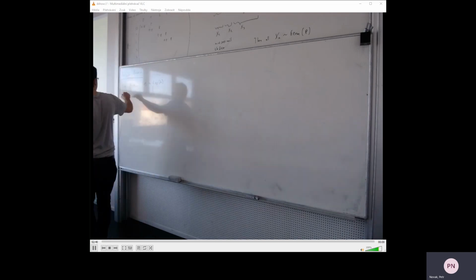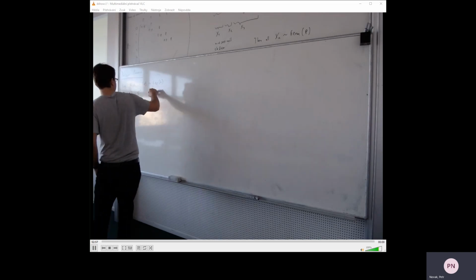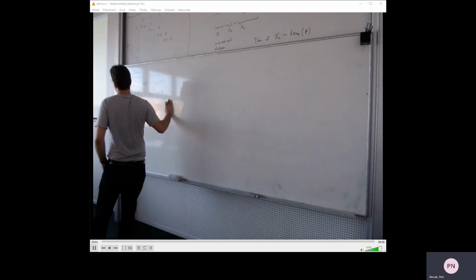So let X1, X2, and so on be independent and identically distributed, exponentially distributed random variables, and let T_n be the sum of X_k, where k goes from 1 to n, and T_0 being 0.